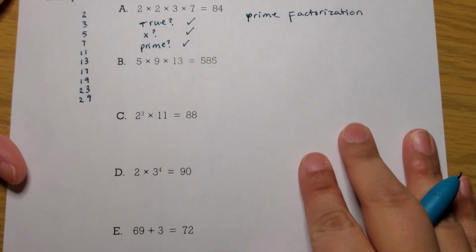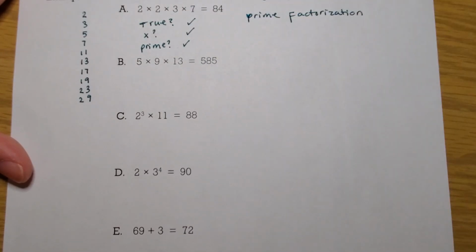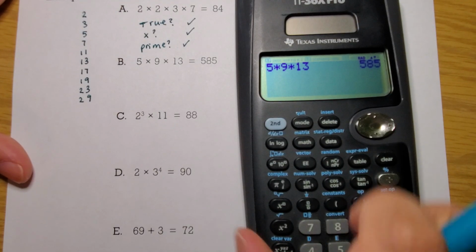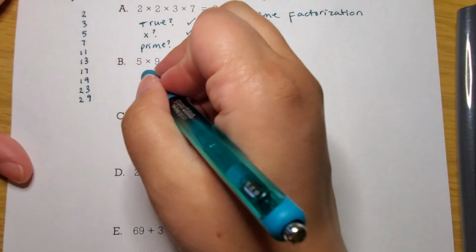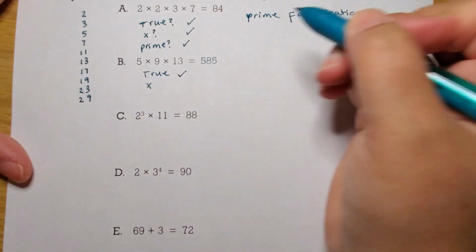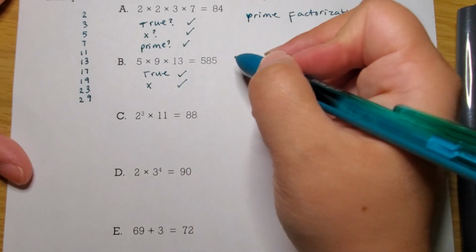All right, let's take a look at part B. So first, let's see if it's true. 5 times 9 times 13. We get 585, so it's true. Do we have only multiplication? Yes.